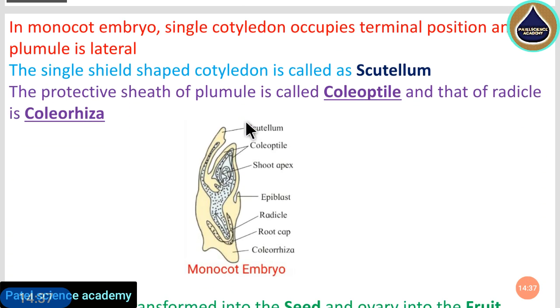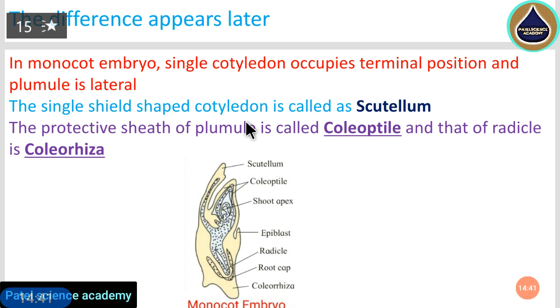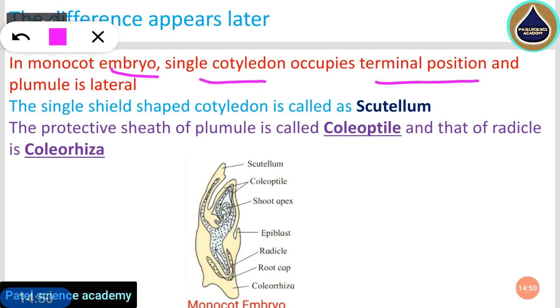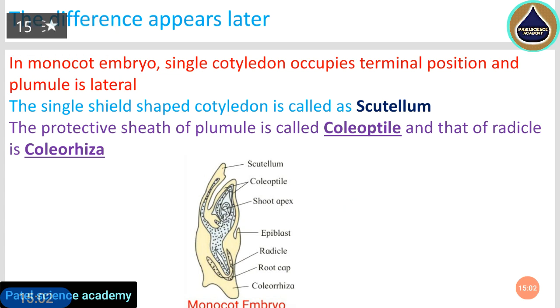And likewise, the development of the embryo in the different mono and dicotyledons takes place. In the monocotyledons, the monocot embryo, because it is having a single cotyledon, occupies the terminal position and the plumule is lateral. So you can see here in this diagram, the monocotyledon is occupying the terminal position, and the plumule is laterally assuming this position.